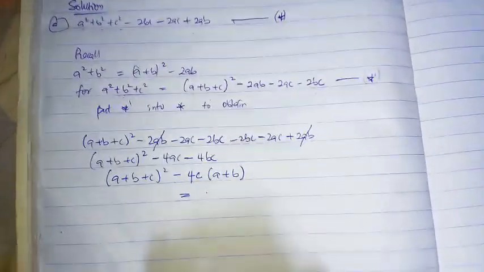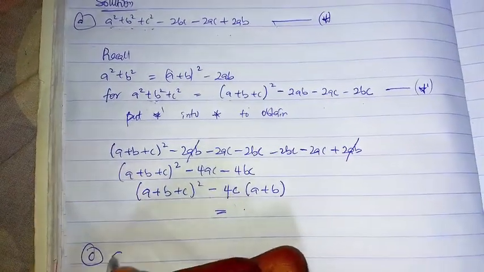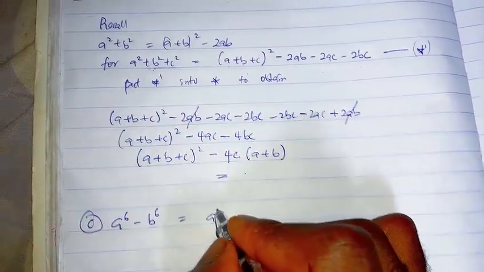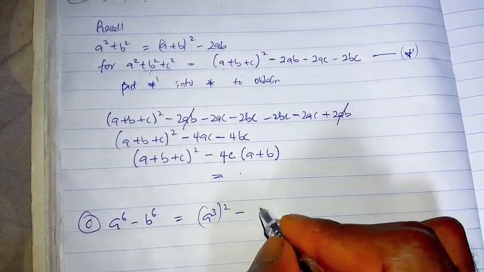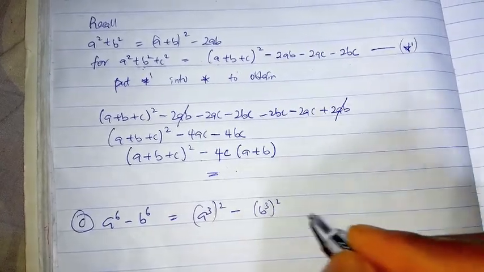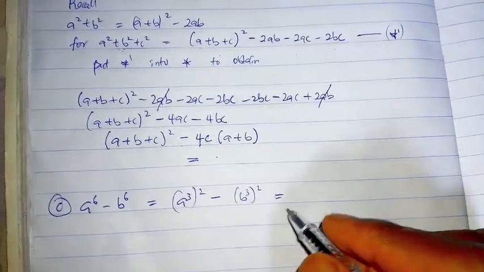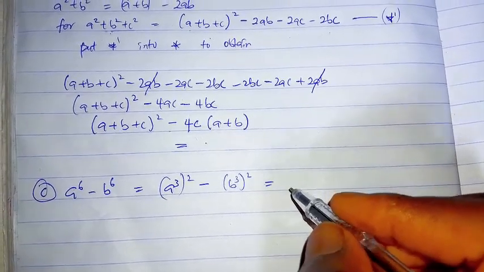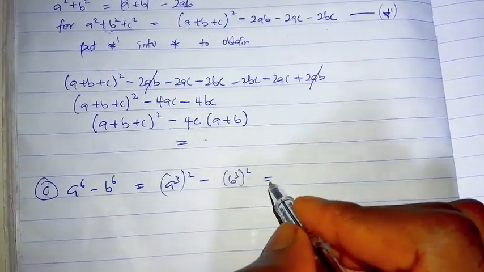A raised power 6 minus B raised power 6 is the same thing as A raised power 3 all raised power 2 minus B raised power 3 all raised power 2. If you watch the video, you know what I'm doing at this place. Or if you know your law of indices very well, then you should just know what I'm doing here.